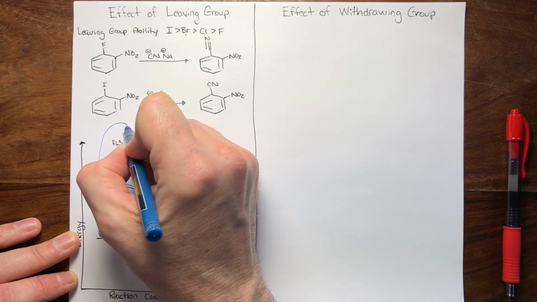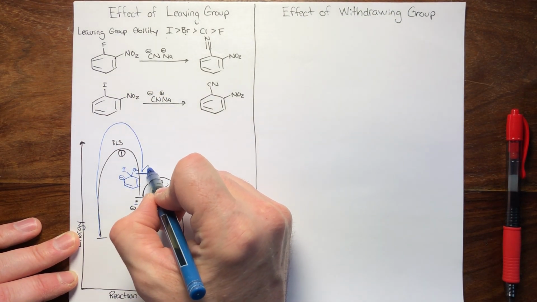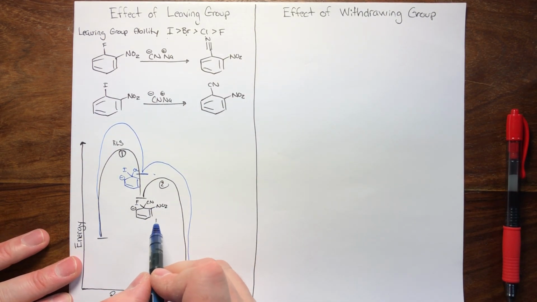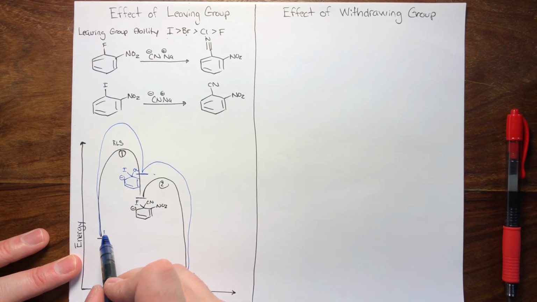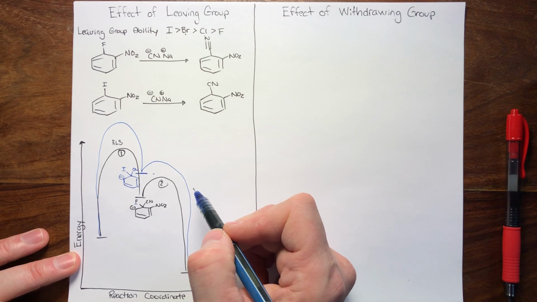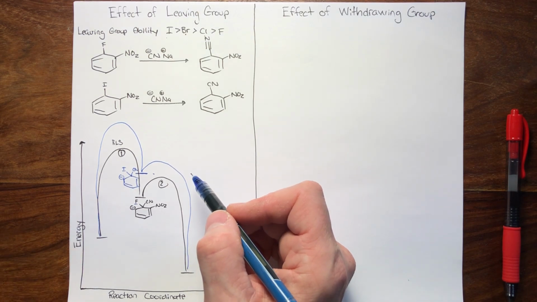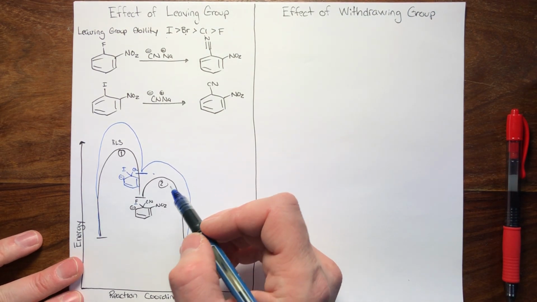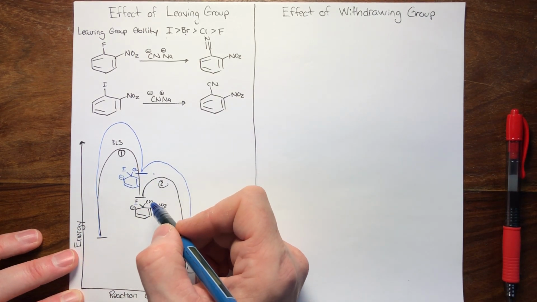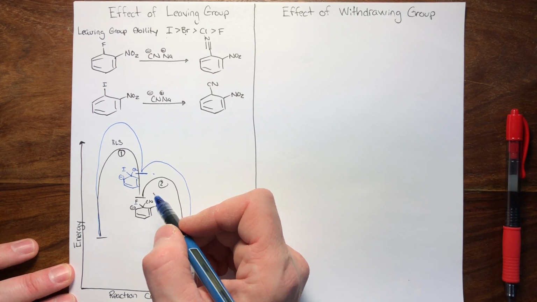And so when we run these reactions, even though fluoride is a poorer leaving group, because it can stabilize the anionic intermediate better, those reactions are going to be faster, right? The second step, the loss of that leaving group, is not determining the rate of the reaction, right? It's only the addition step that determines the rate of the reaction, and in reality, the energy of the intermediate.